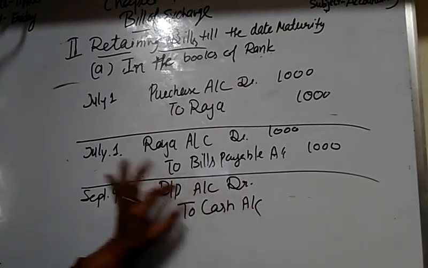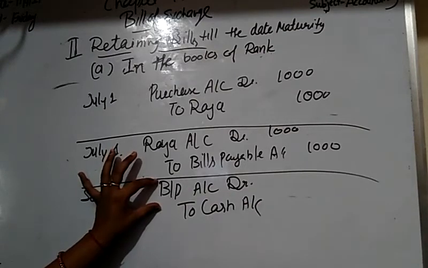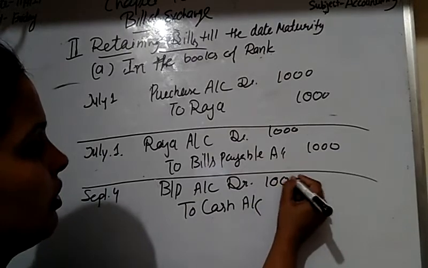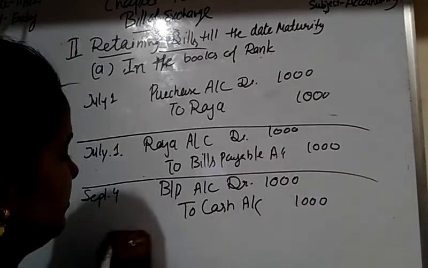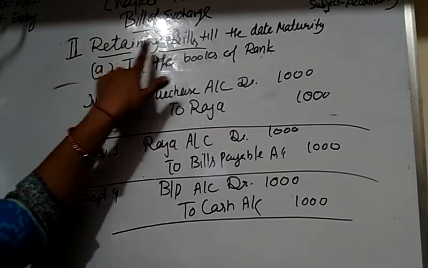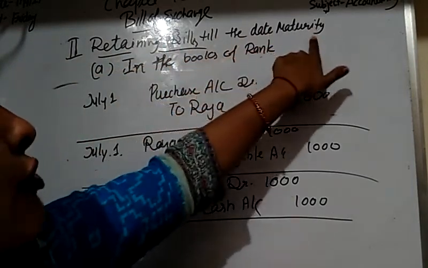Why did he pay cash? For paying out his bills. So bills payable account debit to cash account 1000. Clear, students?